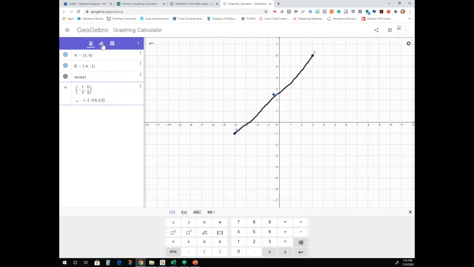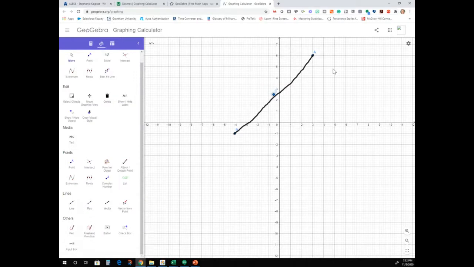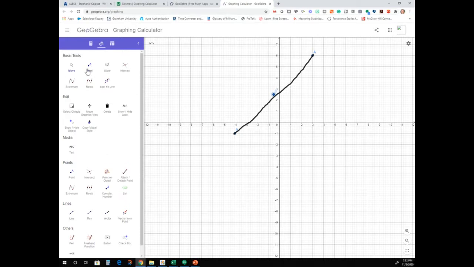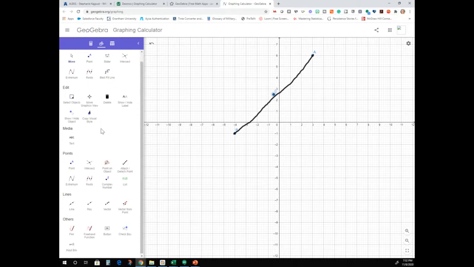That can give you a way to eyeball it if you want to use this website instead, because it's got other options here like sliders, like Desmos, but it has some more geometric things here.